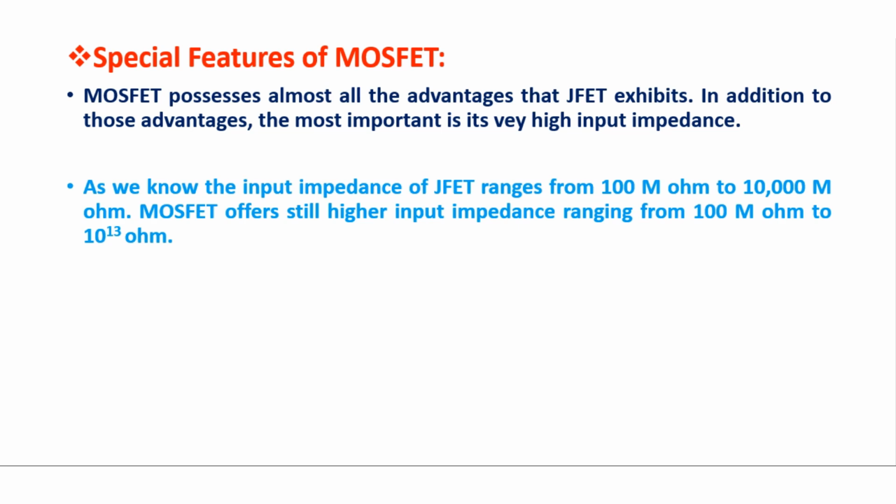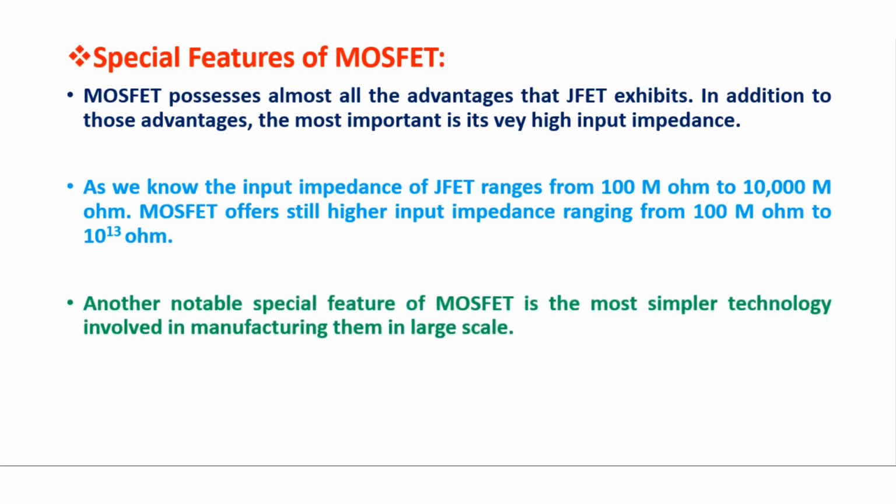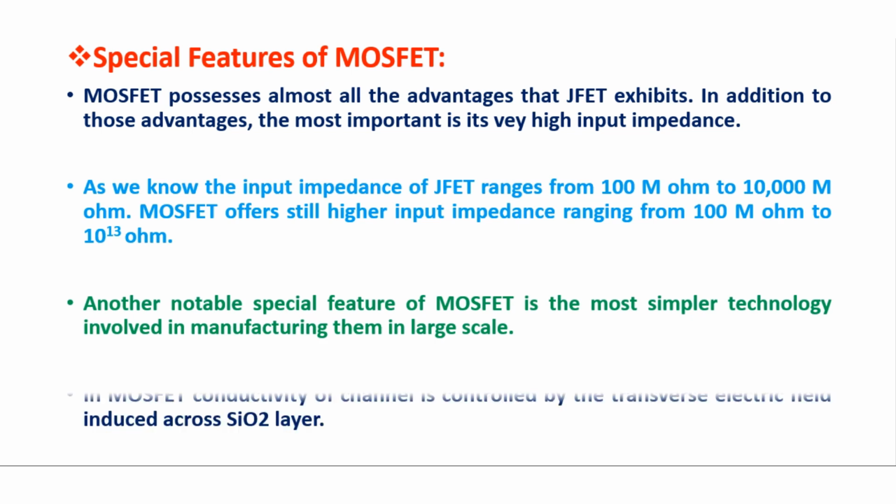MOSFET offers still higher input impedance, which ranges from 100 mega ohm to 10 raised to power 13 ohm. Third, another notable feature of the MOSFET is that a much simpler technology is involved in manufacturing, even on a large scale.